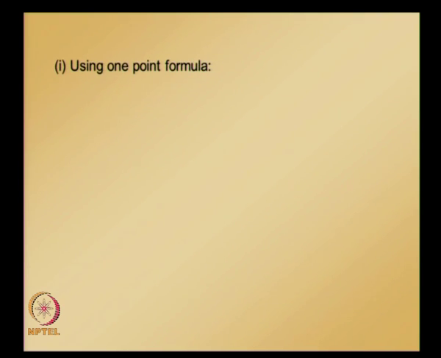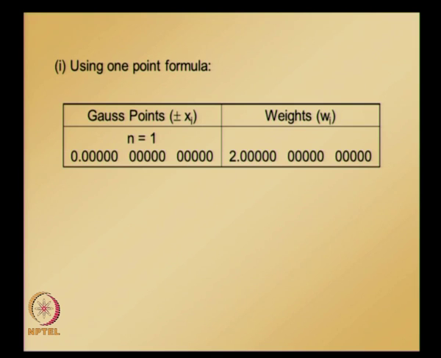Using the 1 point formula, that means we decided to use 1 Gauss point and the corresponding weight. For n is equal to 1, the coordinate is 0 and the weight is 2. So, only one integration point is there and the corresponding weight is indicated there, and we evaluate the integrand at x is equal to 0, that is f(x1) is equal to 0.